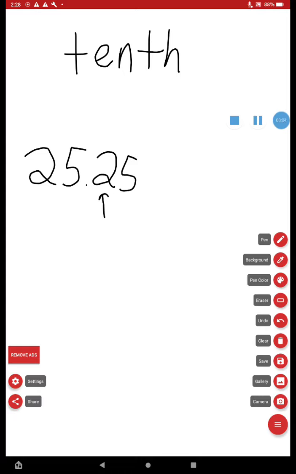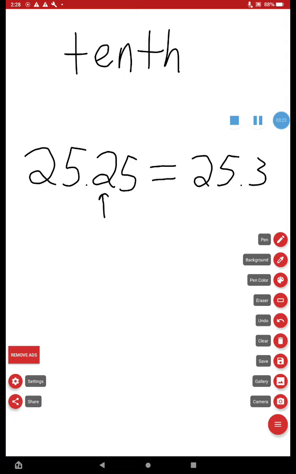So should I round up to 25.3 or down to 25.2? Well, according to the rule of the magic 5, is 5 bigger than 5 or smaller? Well, it's the same, so we round up. We round it to 25 and 3/10.